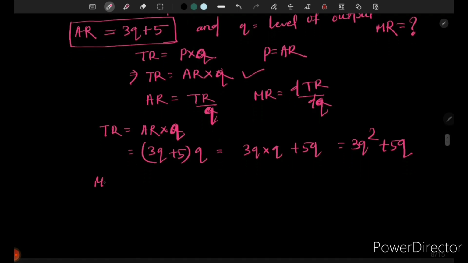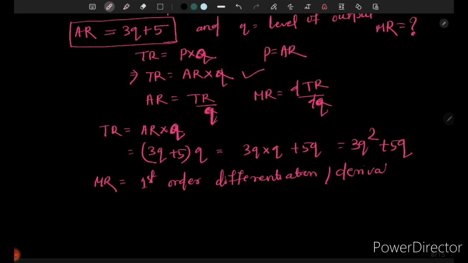So what is then the marginal revenue? We know that marginal revenue is the first order derivative of total revenue. So marginal revenue, you can write it as first order differentiation or derivative of the TR function.